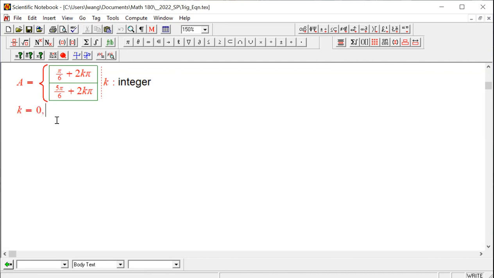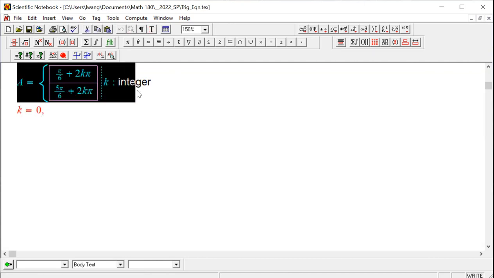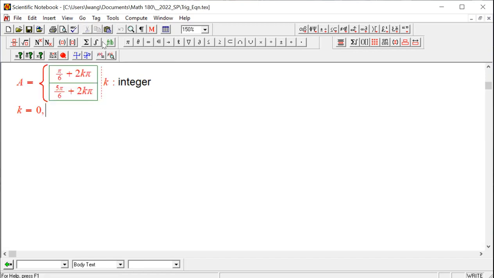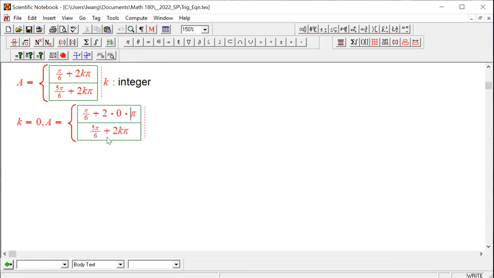When k is 0, we get a pair of solutions: pi over 6 or 5 pi over 6.